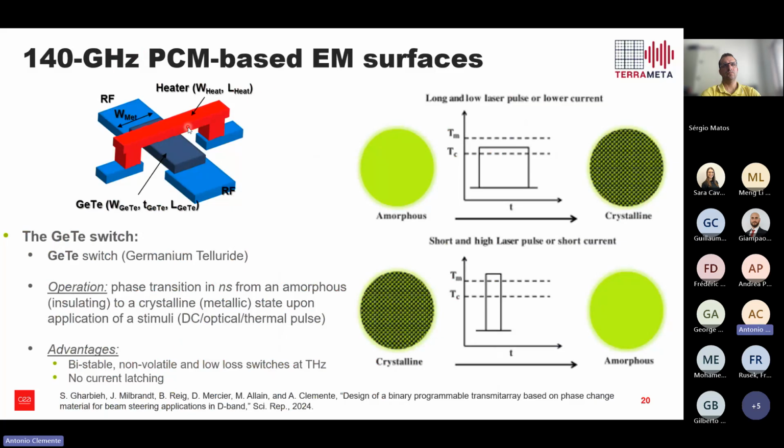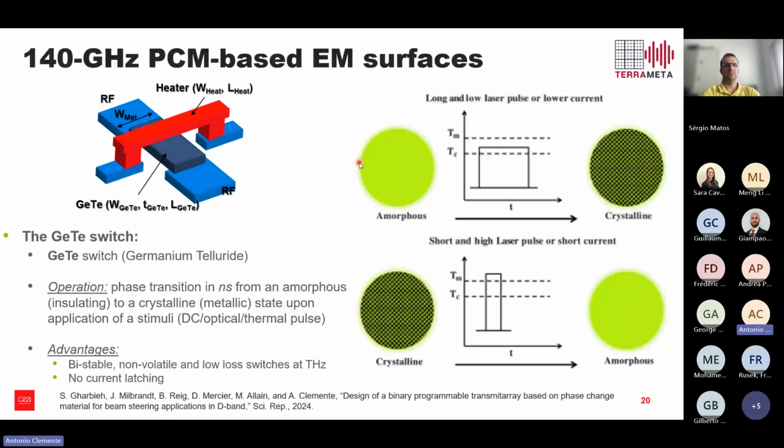So what is a phase change material? By heating a particular material, for example germanium telluride, as in this case, when we apply a thermal control on this material, we can change its properties from amorphous to crystalline and vice versa, and we can generate a switch.